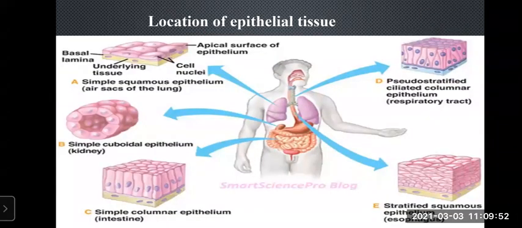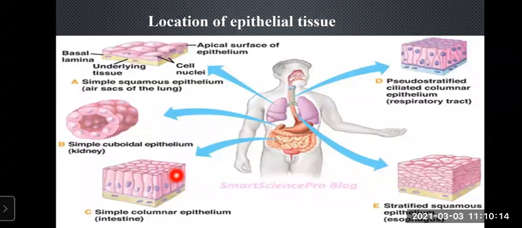Now, this is where you can see locations of different epithelial tissue. Okay. See, this is simple squamous epithelium, which you can see in lungs or in the cheek region. Then you have cuboidal epithelium, which is present in the kidney, in the digestive tract.